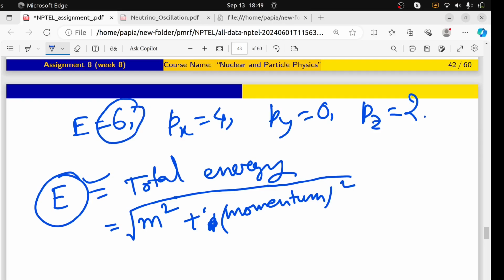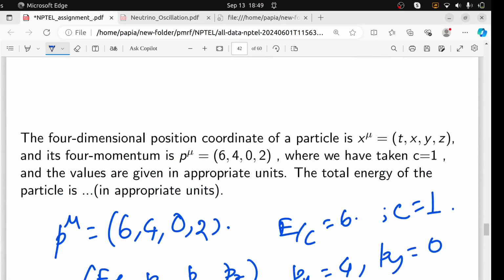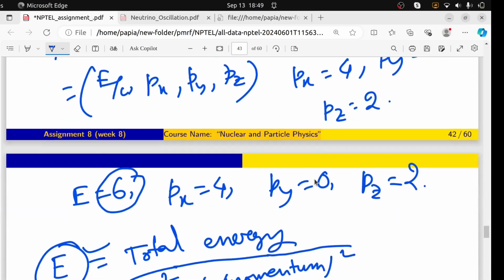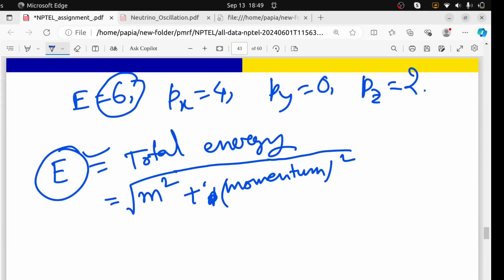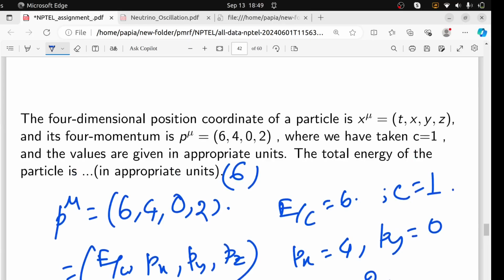E is given by 6. So the answer will be simply 6, because total energy is already given and c is already given as 1. So E by c is 6 and as c equals 1, E will be 6. And they are asking the total energy of the particle, so its total energy will be exactly E.